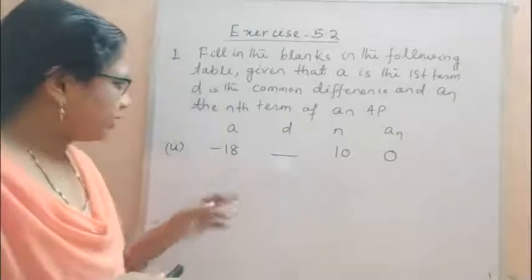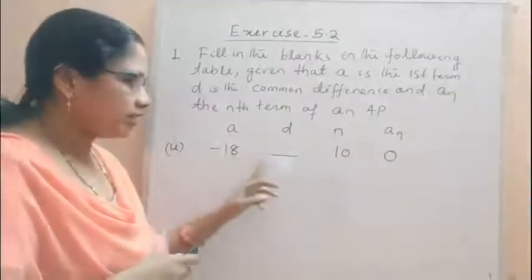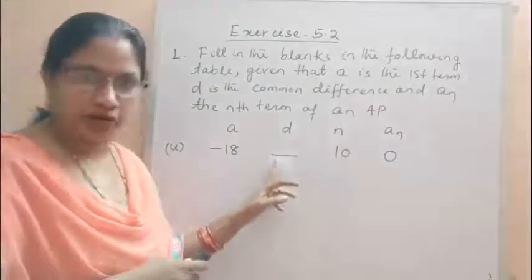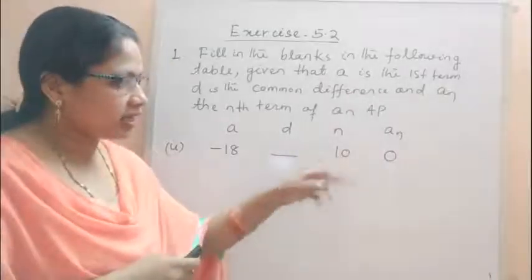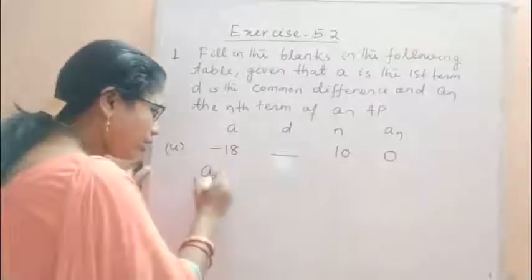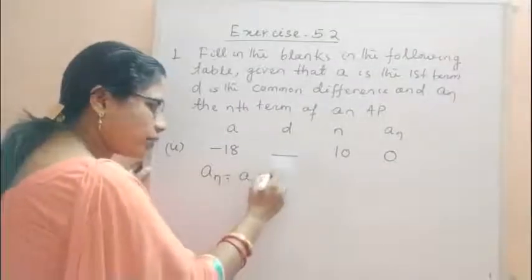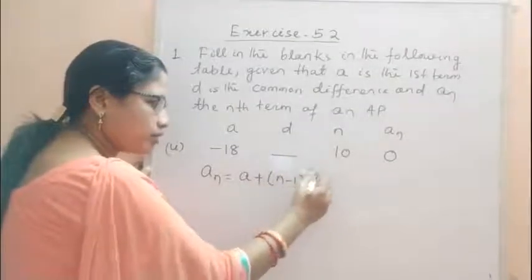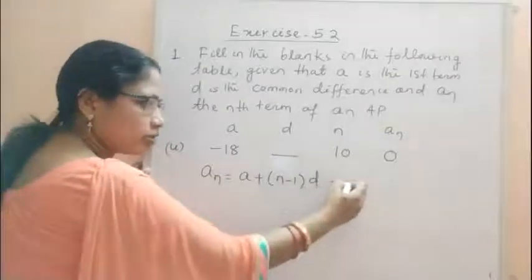If a is equal to 7, d is equal to 3 and n is equal to 8. So second bit, a is minus 18, d is not given, we have to find d, n is 10 and an is 0. So we know an is equal to a plus n minus 1 into d, which is equal to 0.